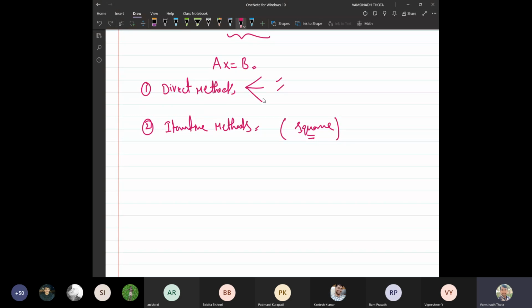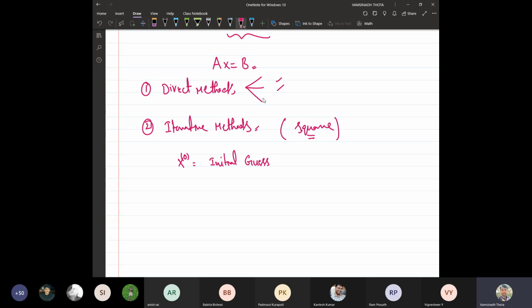The iterative methods start with something called an initial guess. Let us represent it with x naught. This is what we call the initial guess. Arbitrary. We will assume that some arbitrary set of elements is the solution.